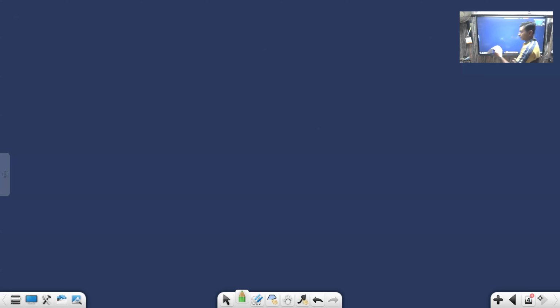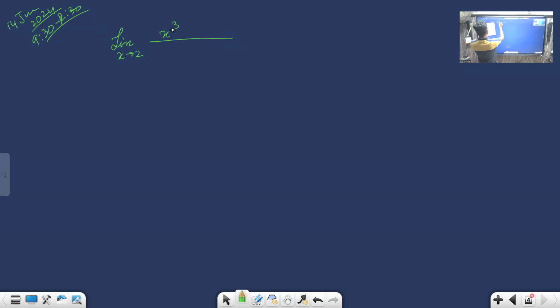So this is again from 14th June 2024. It's chemistry group, 9:30 to 12:30. And this limit x tends to 2, x cube minus 7x square plus 10x divided by x square plus x minus 6.